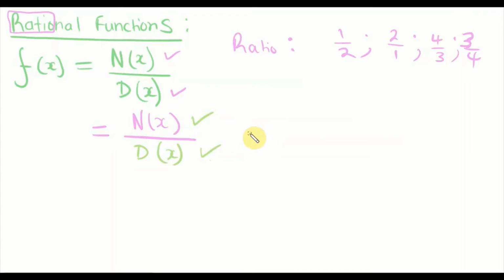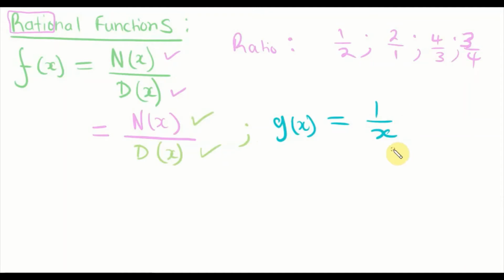An example would be, let's say g of x is equal to 1/x. Does it have a numerator? Yes, the numerator is 1.